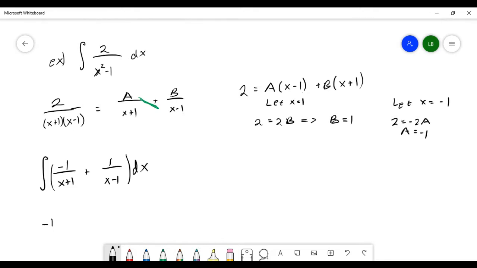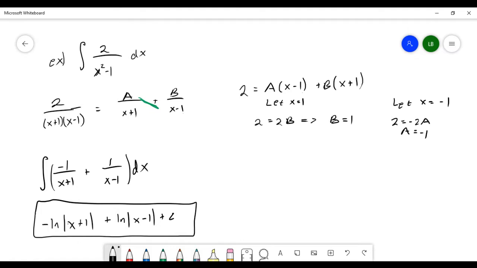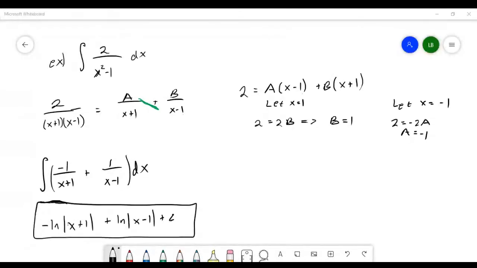And what we end up with is negative natural log of x plus 1 plus the positive natural log of x minus 1. Let's see. That was just a pretty quick run through of example partial fractions. You will see a lot of natural logs in partial fractions, I will tell you that. Well, nice job.